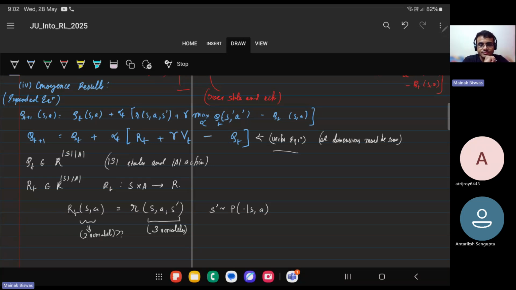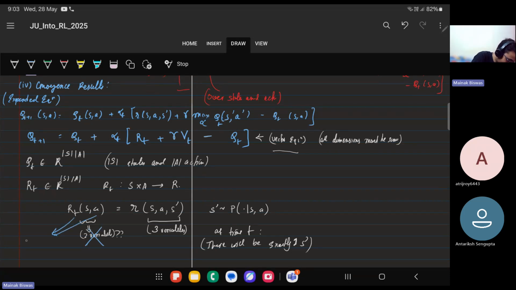So at time t there will be exactly one S dash, because you sample one S dash at time t. So it's not a two variable equation. Here, the three variables are S, A, and t. Now it's clear. Therefore, there's this equivalence, with three variables only.